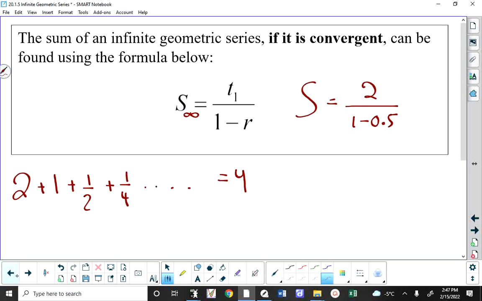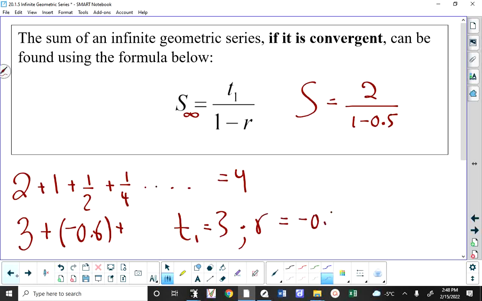In the one we just did, I need some help here. Was it 3 plus negative 0.6? Yes. This one had a first term of 3 and a common ratio of negative 0.1. So if we use this formula, S would be the first term over 1 minus negative 0.1.